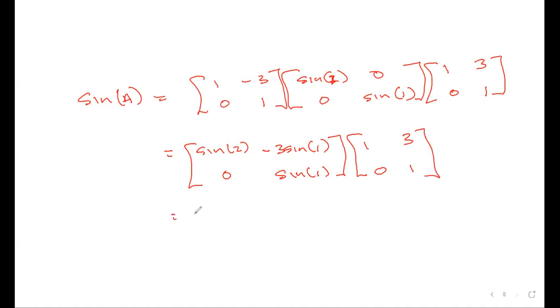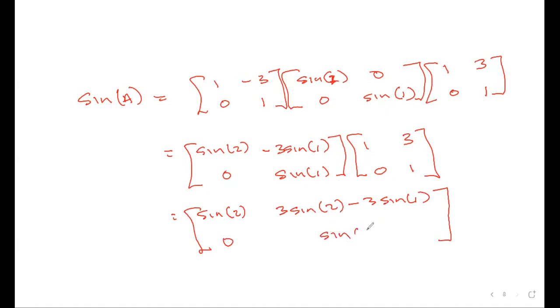So it's going to be sine 2, 3 sine 2 minus 3 sine 1, 0, 0, 3 sine 1. You could have put this in MATLAB and it would work out all of the values. So you look up sine of 2, put it in radians.